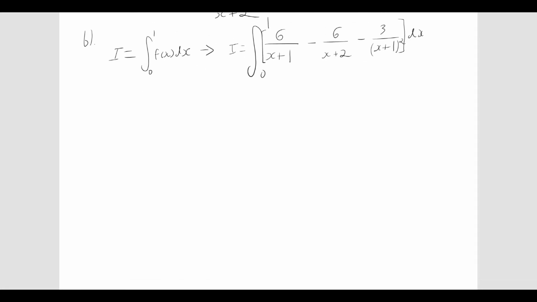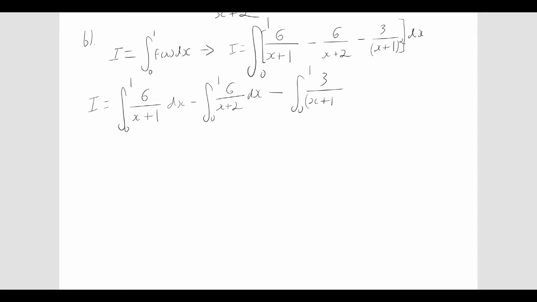Now, again, integration is linear, so I can basically write this as the integral from 0 to 1 of 6 over x plus 1 dx, take away the integral from 0 to 1 of 6 over x plus 2 dx, take away the integral from 0 to 1 of 3 over (x plus 1) squared dx.